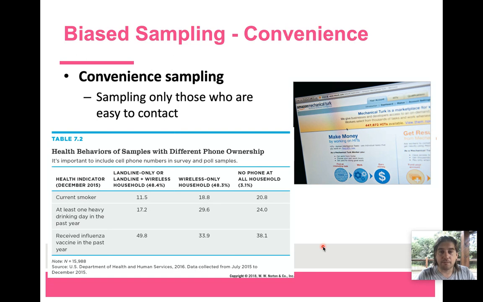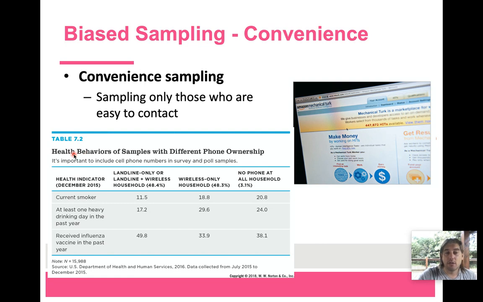It has some issues. To investigate those issues, let's look at this example. Let's say this is actual data from the U.S. Department of Health and Human Services. That's the large arm of the U.S. government that's over, for example, things like the CDC. These data were collected from almost 16,000 participants, so that's really good. It's a big sample.